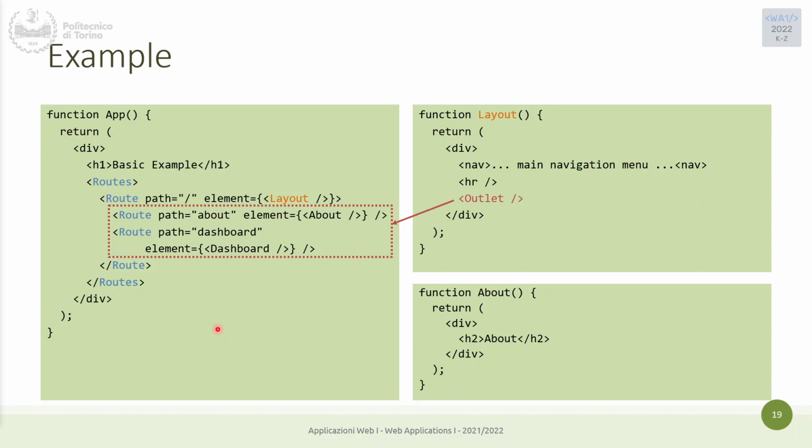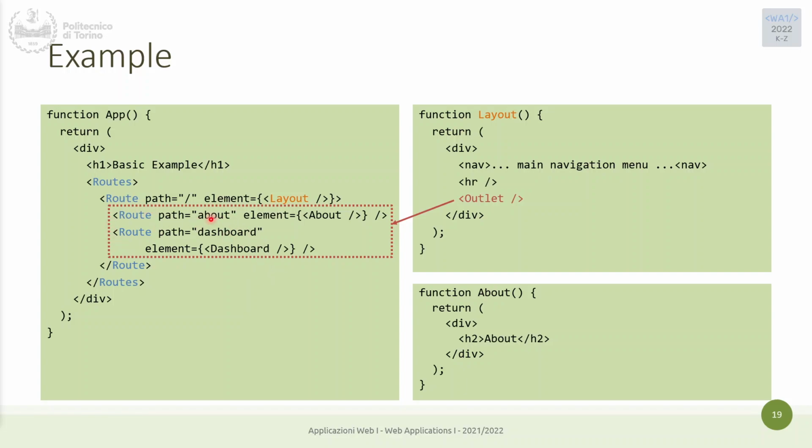We have a very simple application, a div, an h1 tag, a set of routes, but this time the routes are nested. So we have the route that is rendered when you match the slash, so the root, localhost:3000, and then we specify two different subpaths.